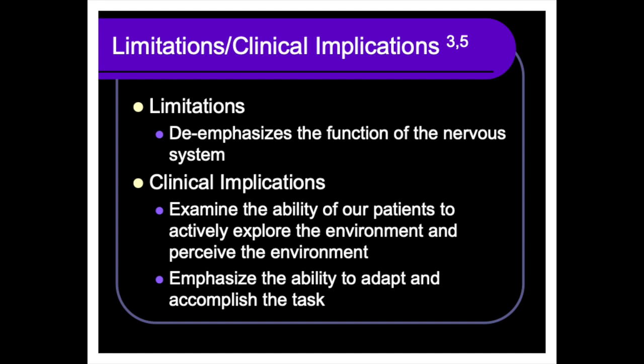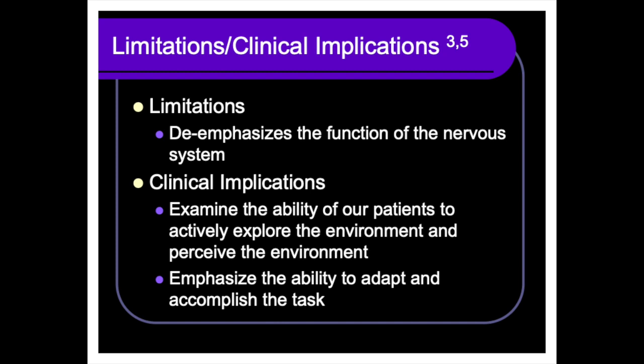All right, so what we're going to do now is just like we've done for the last actually 7 theories, we're going to pause here. I want you to pull out your table. I want you to jot down a few ideas about how ecological theory affects history, examination, evaluation, and intervention from a clinician perspective.